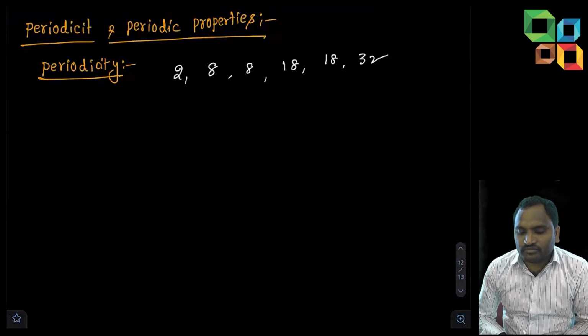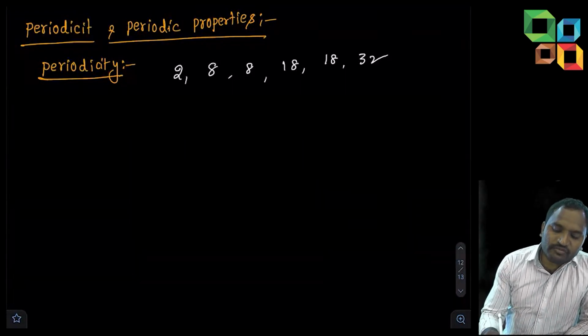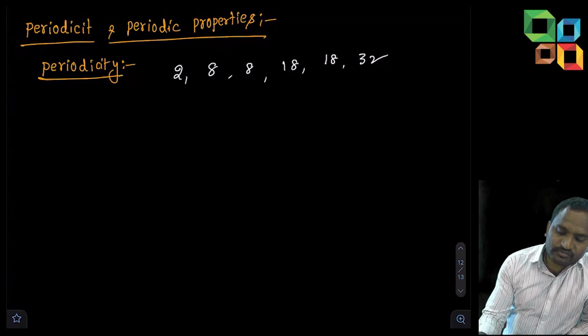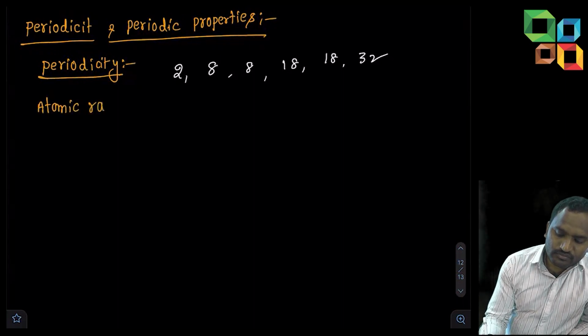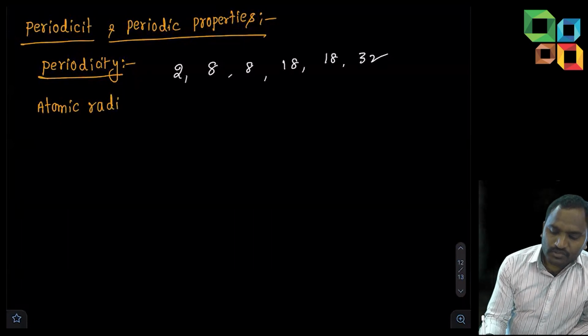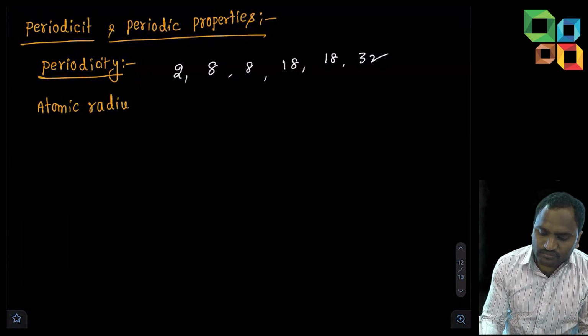Okay, periodicity. Now, periodic properties, first heading, atomic radius.